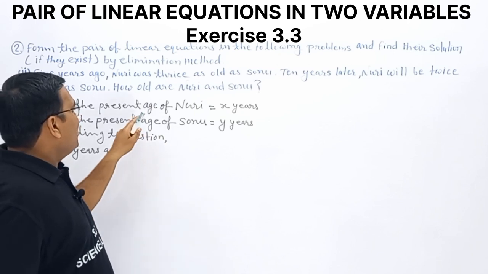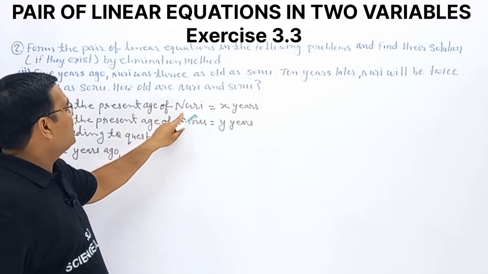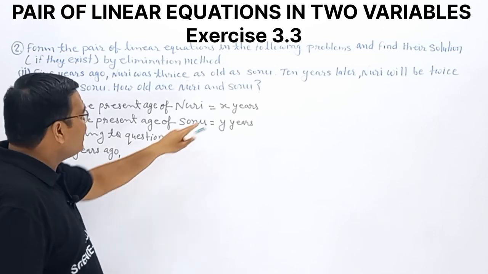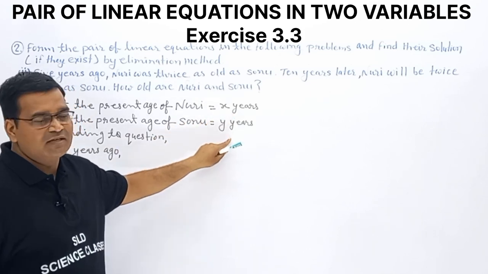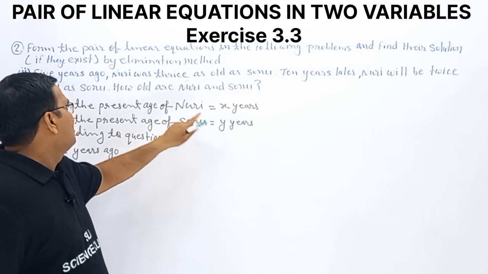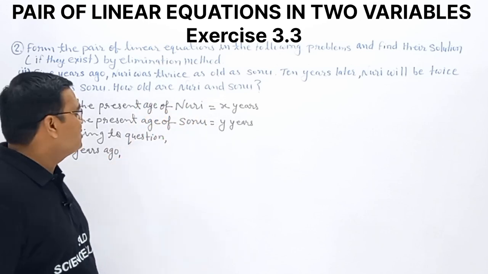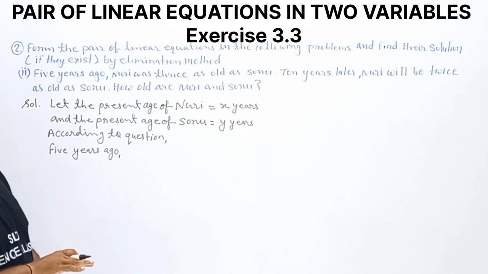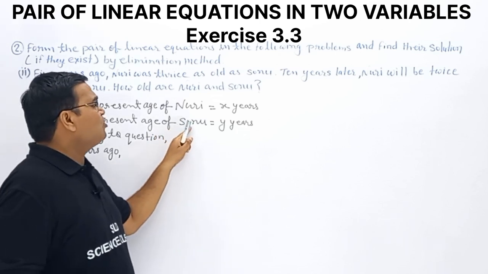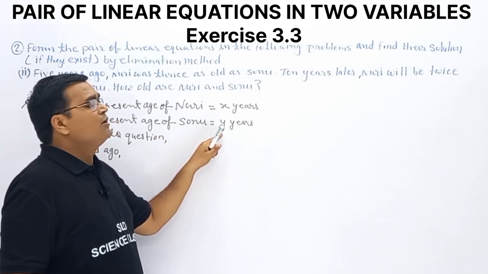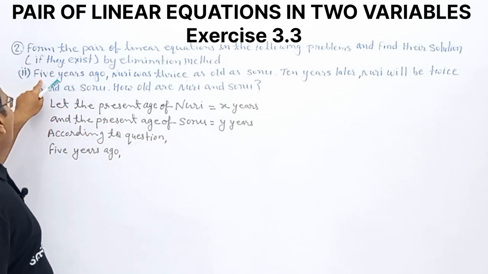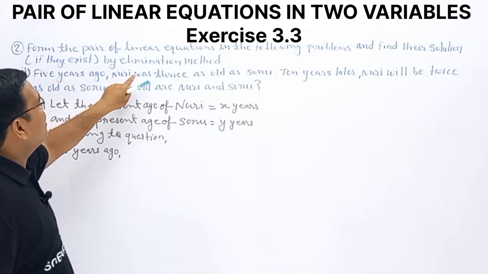So, before 5 years, Nuri's age will be x minus 5, and the age of Sonu will be y minus 5. Clear?